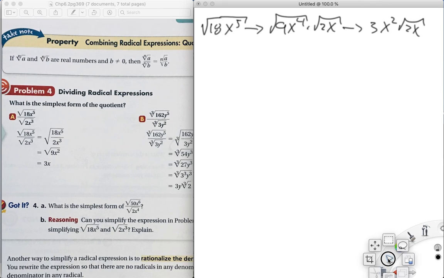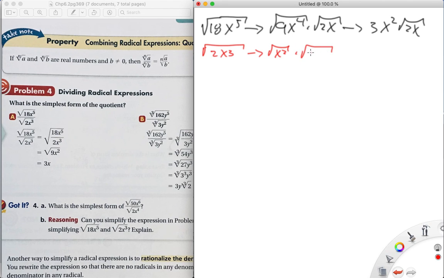And then for my denominator, I have the square root of 2x cubed. So I can pull out an x squared and say this is x squared times 2x, which would give me, in the denominator, x times the square root of 2x.